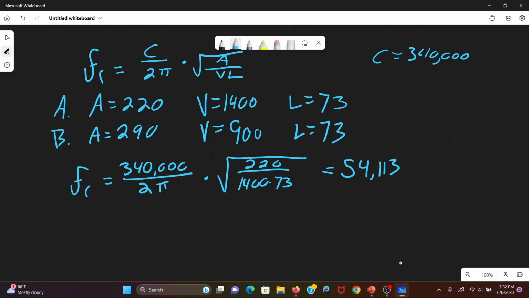54,113. So this whole thing equals 54,113 multiplied by the square root of 220 over, I simplified it too much.